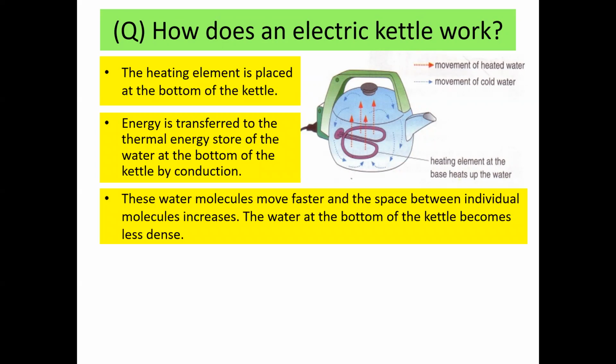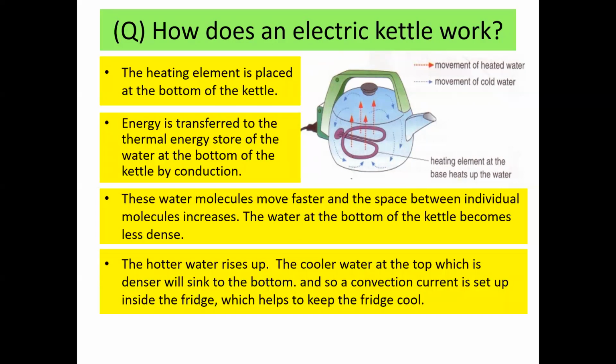These water molecules will then move faster, and the spaces between individual molecules increase. This makes the water at the bottom of the kettle less dense. The hotter, less dense water will then rise up through the cooler water.